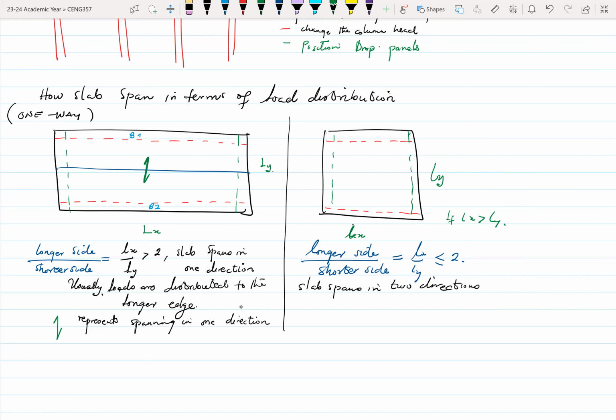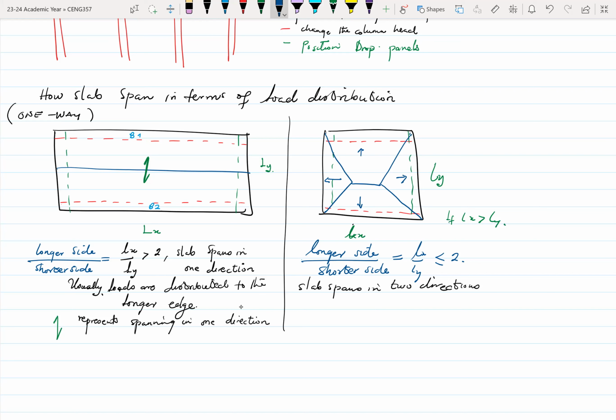Let me see if I can draw. Yeah. So we have some of the load going to the beam here, some coming to the beam over here, some coming to the beam, and some coming to the beam, right?